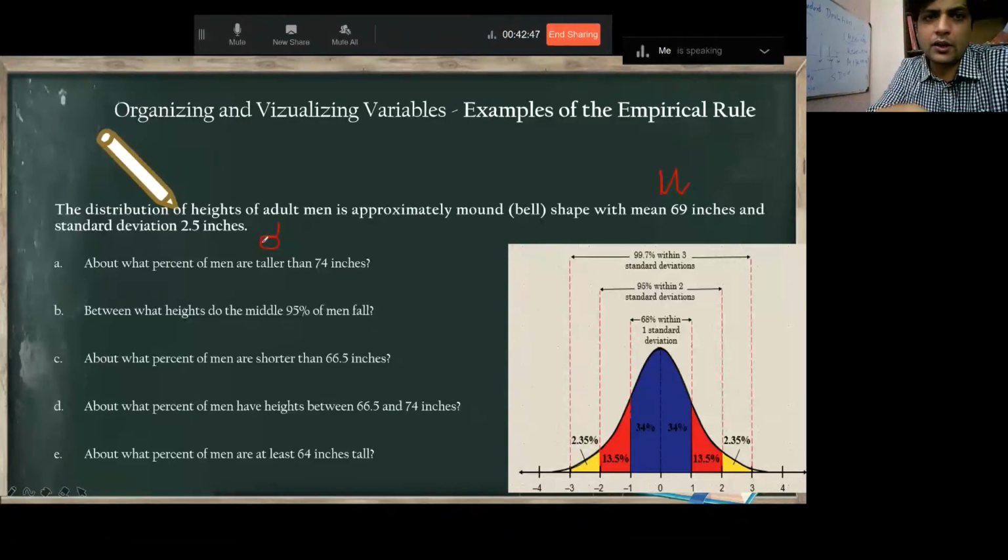Now you can calculate three things. First, mu plus or minus sigma, which is 69 plus or minus 2.5.